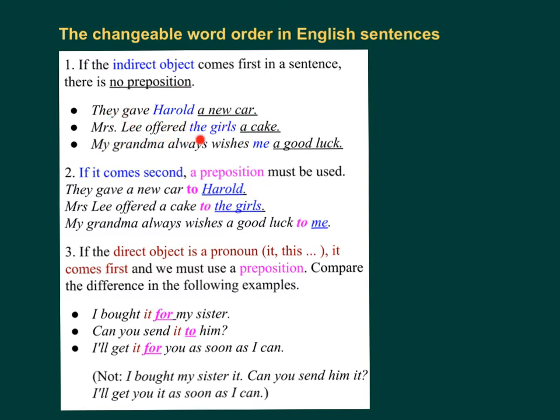Mrs. Lee offers the girls a cake. The girls is the indirect object, so there's no preposition. My grandma always wishes me good luck. Me is the indirect object, and there's no preposition.